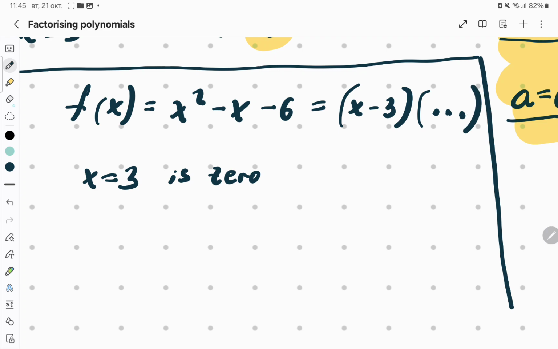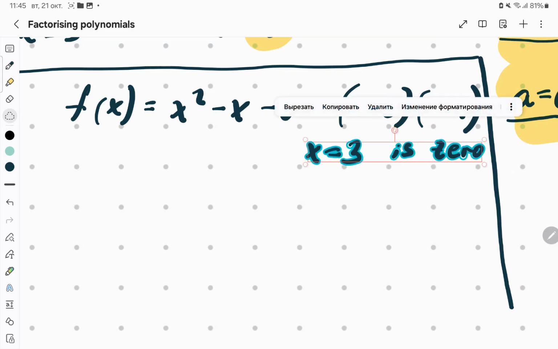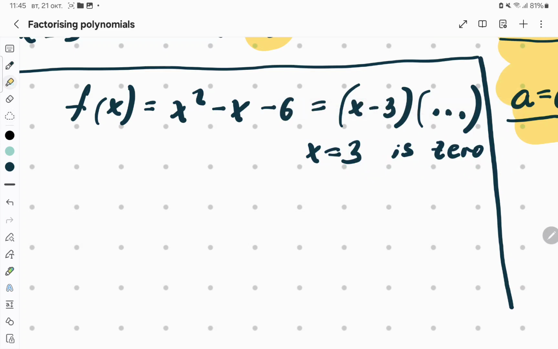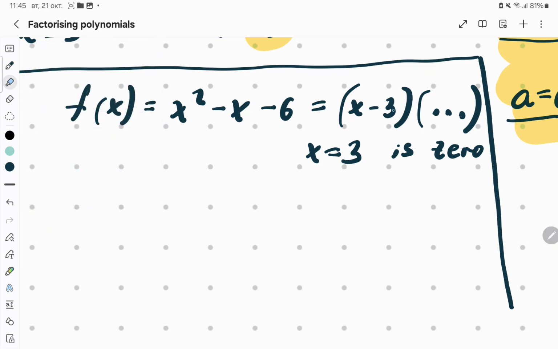This is quite a simple example, but I chose it to see how it works step by step. So here we can say (x minus 3) times something, and this something we are going to find. What will be the expression inside the second brackets? Let's use long division as we do the usual division for numbers.